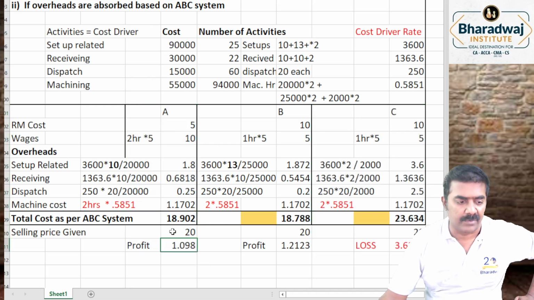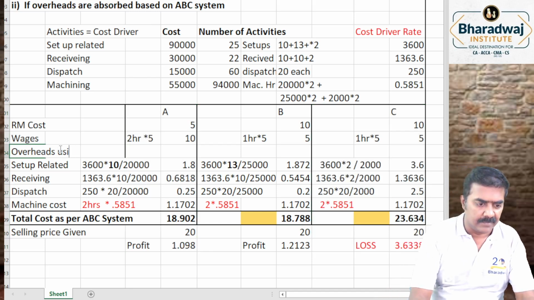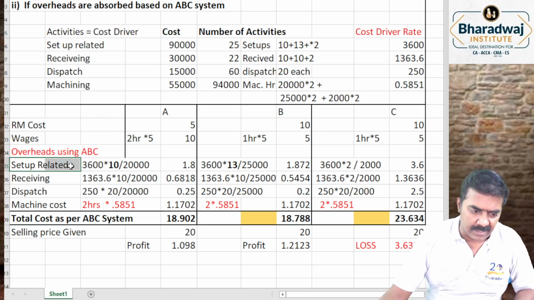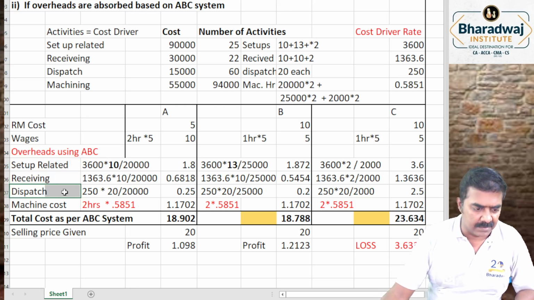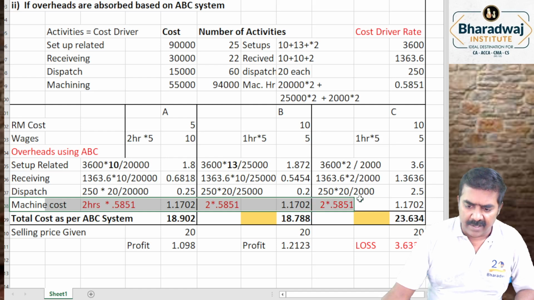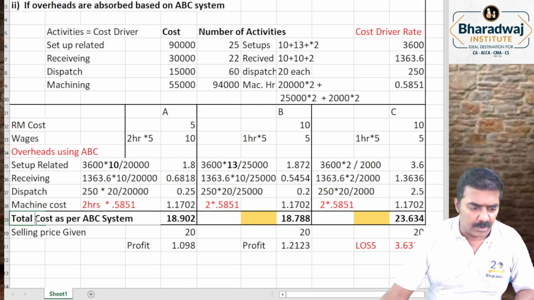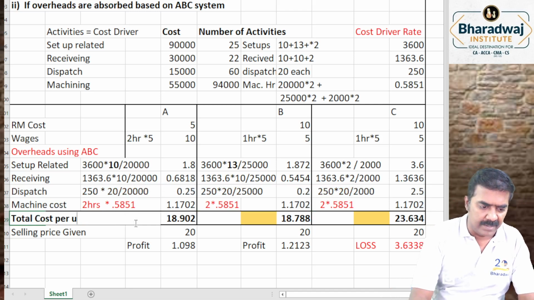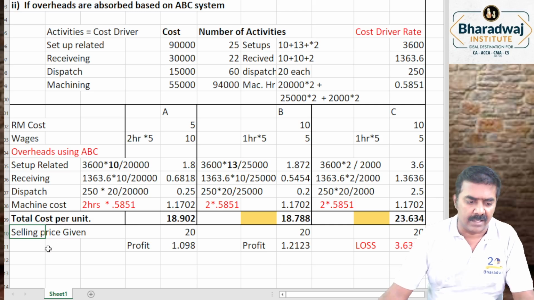A should be continued. Otherwise, this ABC system overrides the traditional system. ABC system assigns the cost in a proper way. Because we see setup related cost, receiving related cost, dispatch cost, machine cost, everything we take and assign. So total cost per unit under ABC system is much superior, much better allocated.